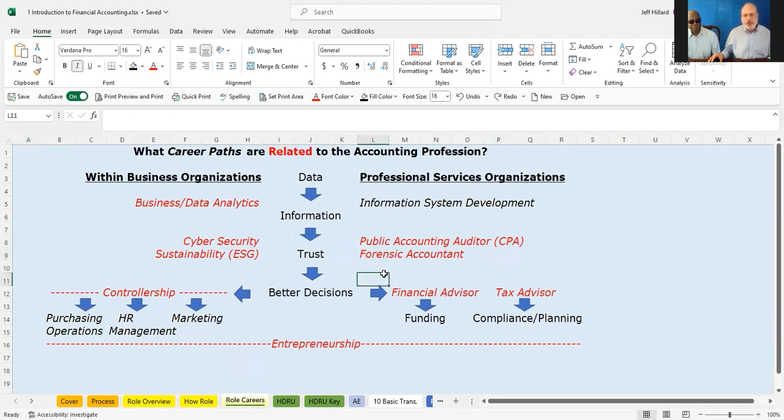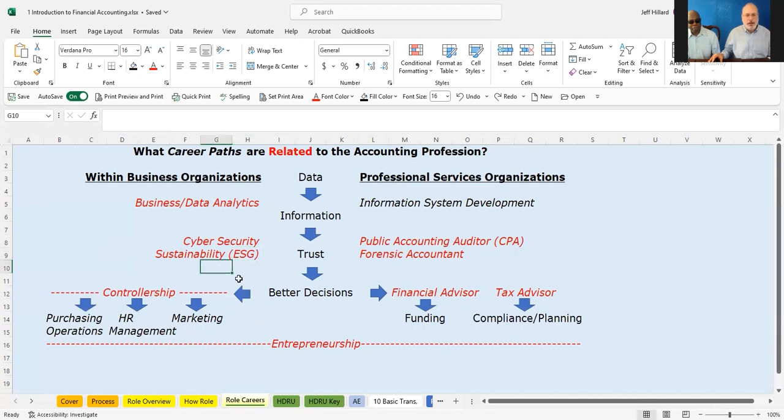Forensic accounting is sort of like the CSI of accounting. These are people that come in and investigate frauds and also try to set up internal controls to prevent them. Cybersecurity, protecting your information from external bad guys and threats.